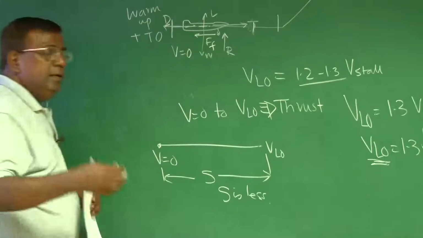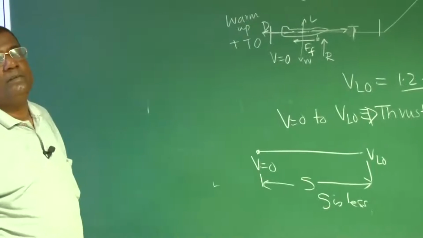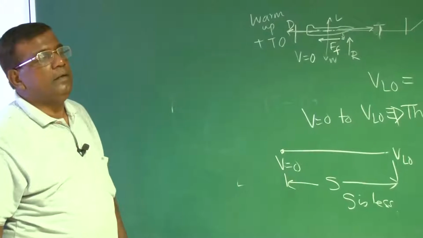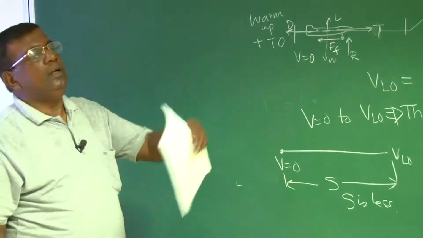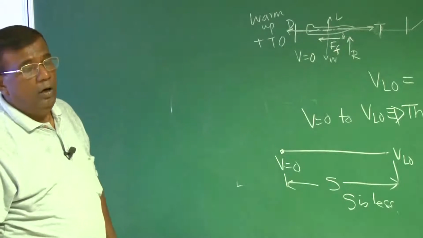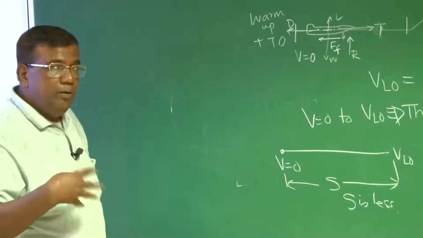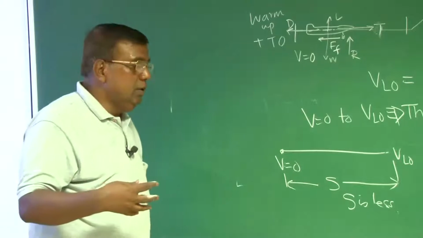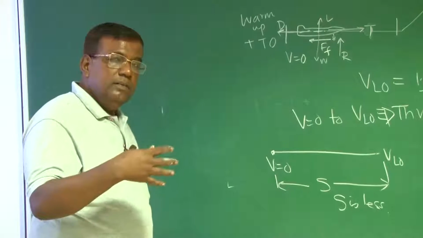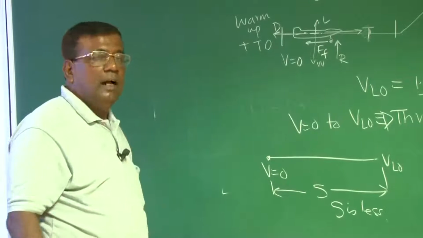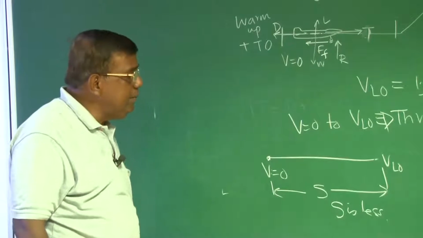That means I have a shorter takeoff distance. We cannot expect that an aircraft will take a large takeoff distance. The general tendency will be to design an airplane so that its takeoff distance is not that large. So what is the message?